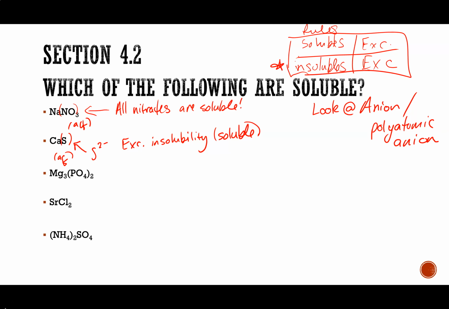All right, next up is going to be our magnesium phosphate. So again, I'm looking at the phosphate ion, PO4 3-. It says that all of these are insoluble, with the exception of the, I think it says, alkali metals.